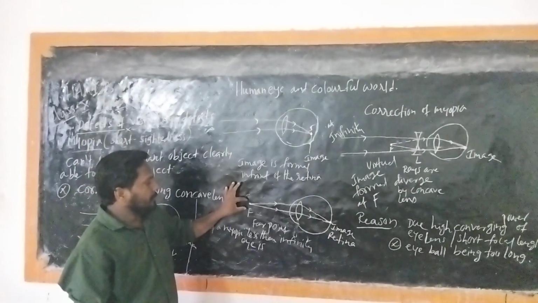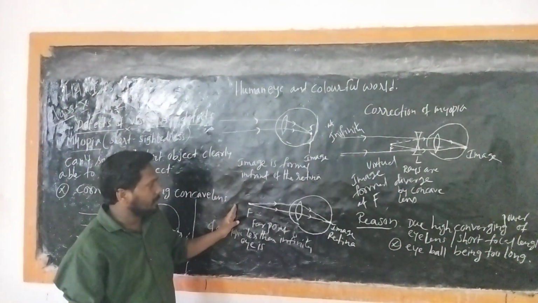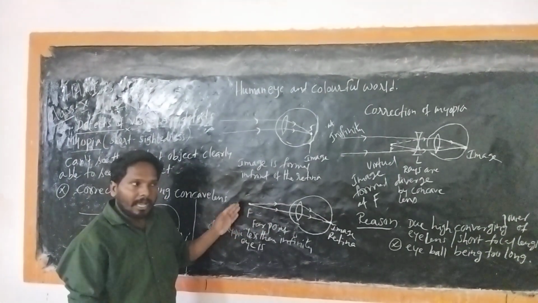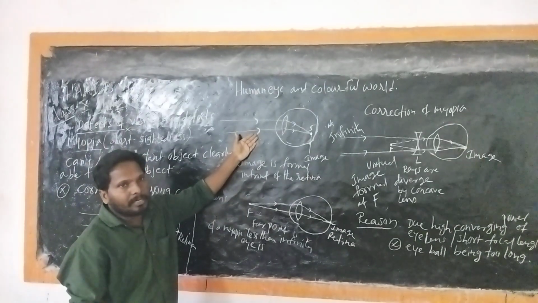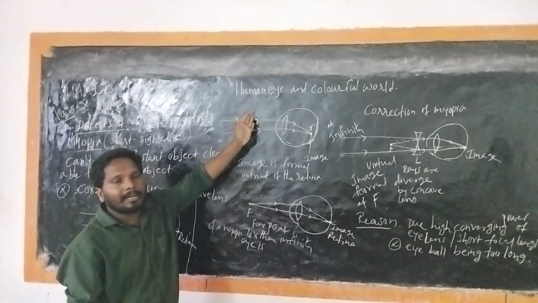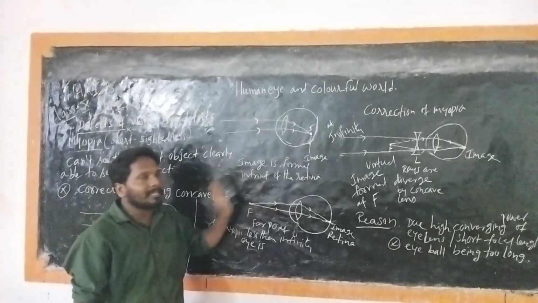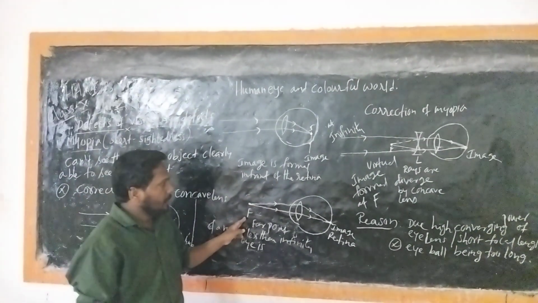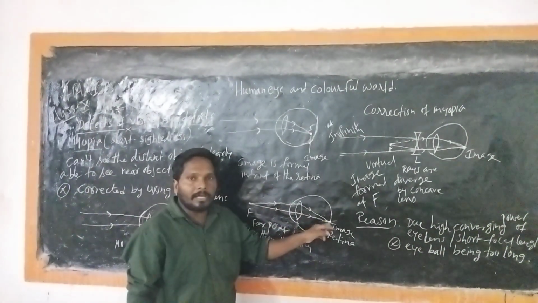If the object is placed at the point F, it is the nearer object. As we discussed earlier, for a far object parallel rays are considered, and for a nearer object diverging rays are considered. If the object is placed at the point F, after the refraction of light the image is formed on the retina.